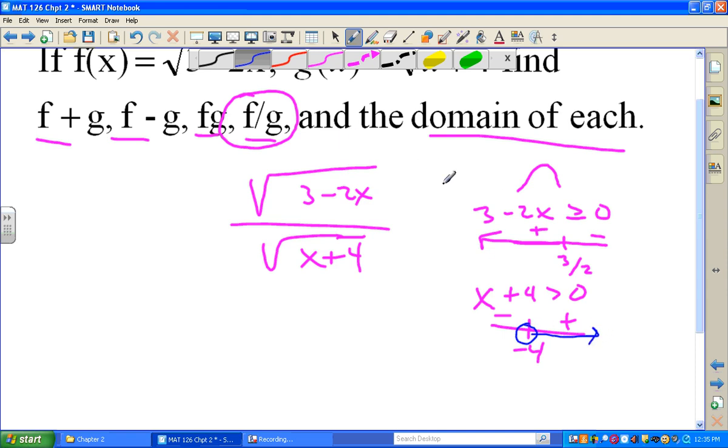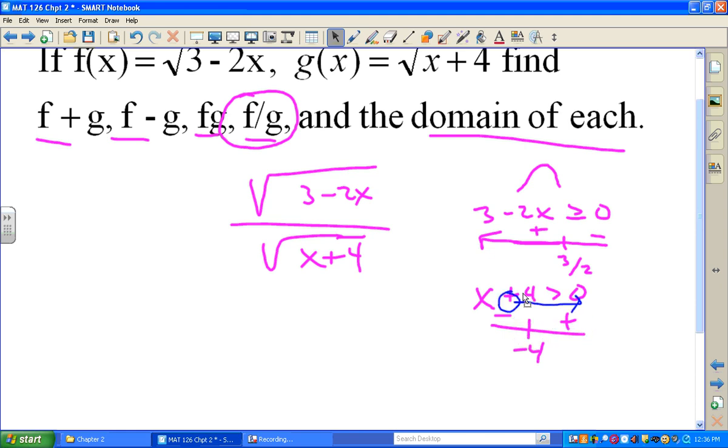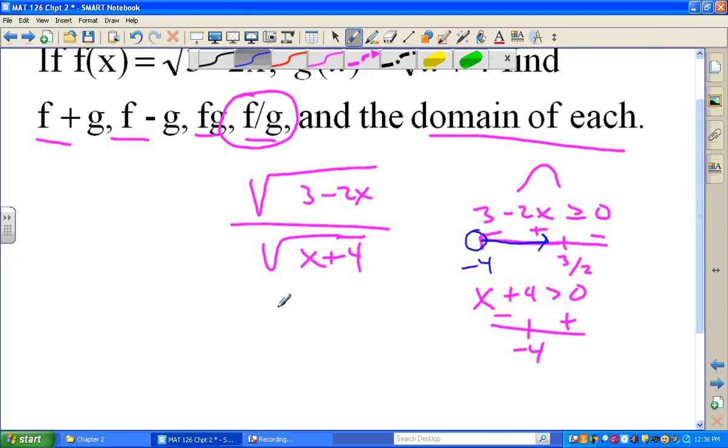And whenever you put functions together, the domains are the intersections, especially with a quotient. So by putting it together, it'd be from -4. That's kind of cool. I actually did just kind of put it together. It'd be from -4 to 3/2 with a bracket.